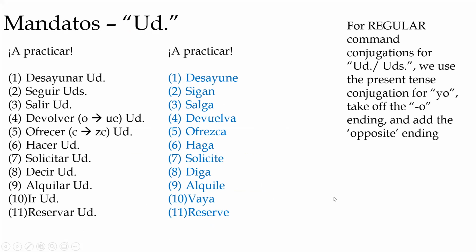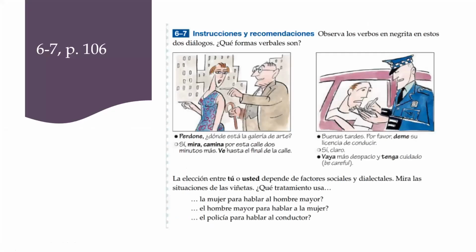Okay. All right, so now take a moment to do this activity. You just need to decide here. It says, la elección entre tú o usted depende de factores sociales y dialectales.